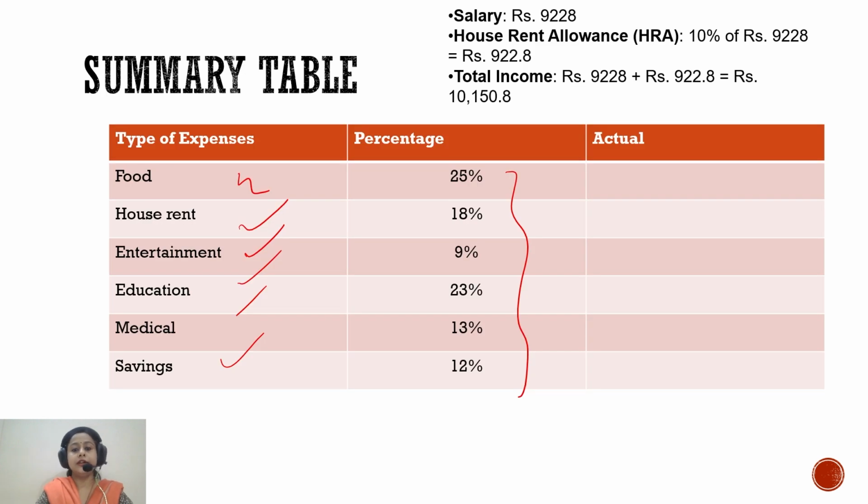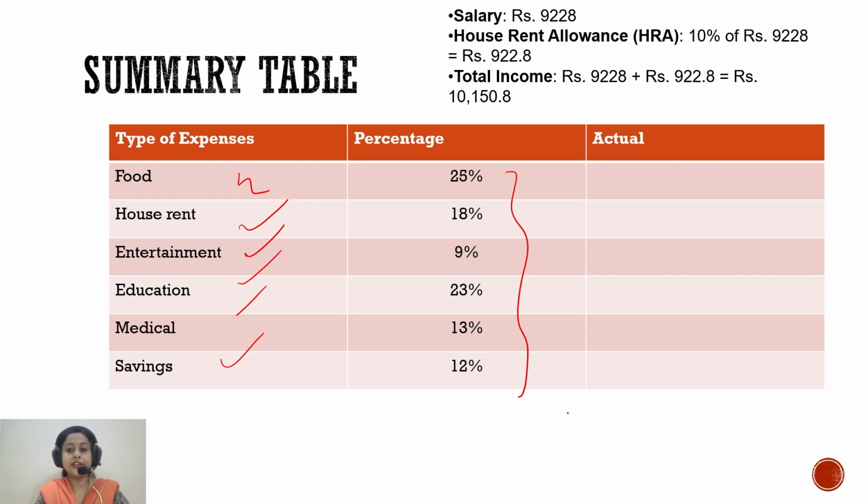All this information related to percentage I have collected from the case study itself, and then I have to find out the actual expenditure, because questions are related to actual expenditure. So now how I will find out the actual expenditure, let us see.